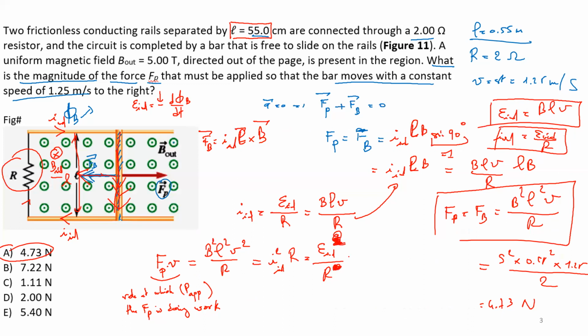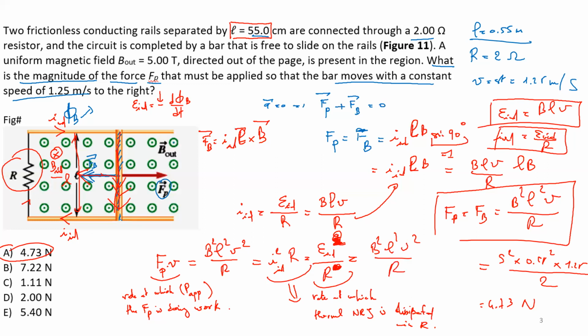And this by definition is the rate at which thermal energy is dissipated in the resistor, dissipated in R. And this again is equal to just B squared L squared V squared divided by R. Okay, I will ask you this later.